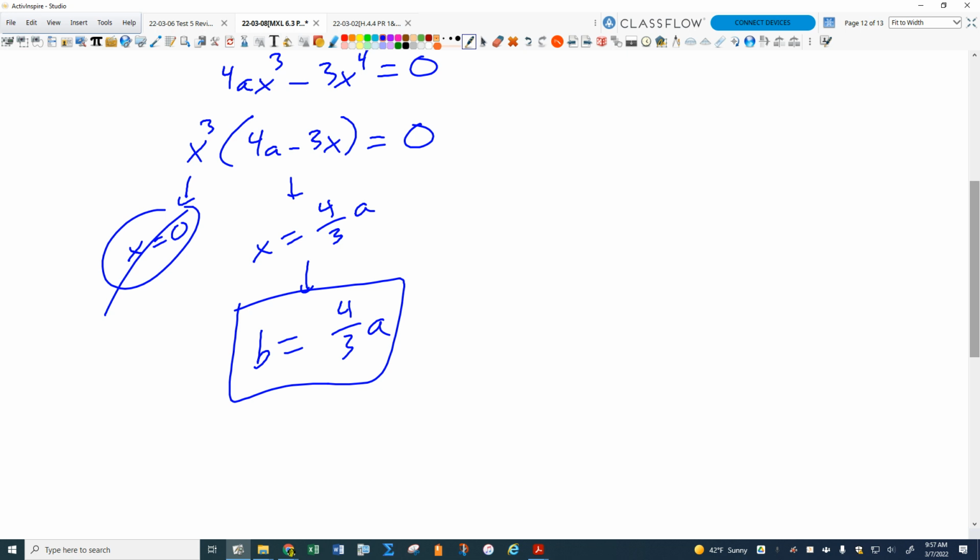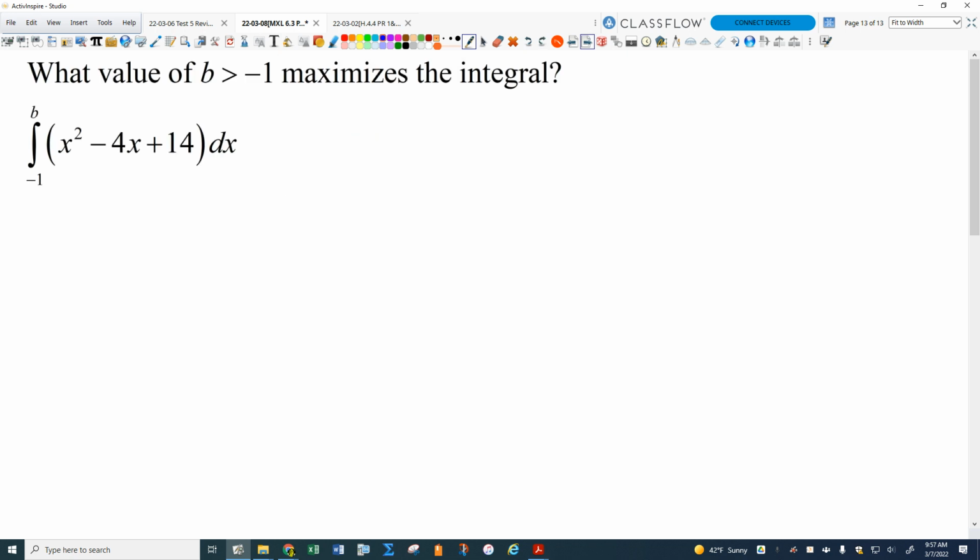Good? Okay. Last one. This is kind of a cool one. What value of b that's greater than -1 is going to maximize this area function? Okay, this is a pretty good problem. I like this one. So the same kind of thing, right? We've got to find the antiderivative, and then we're going to have to maximize that function for values of x greater than -1.